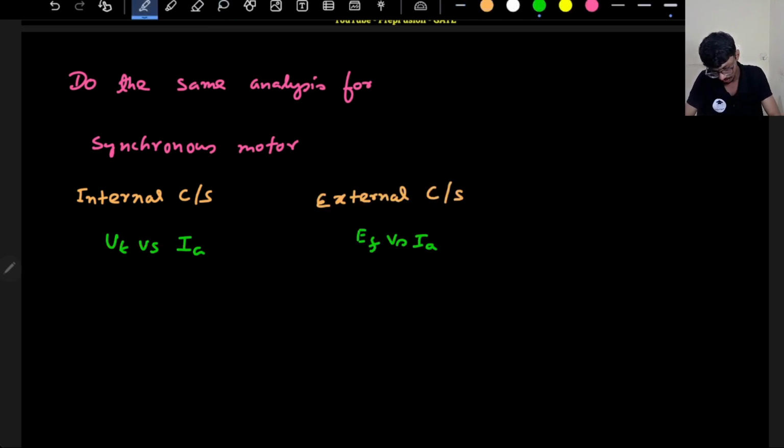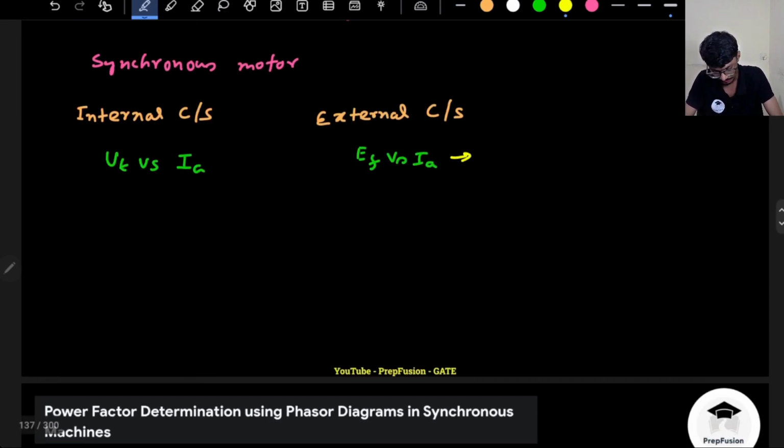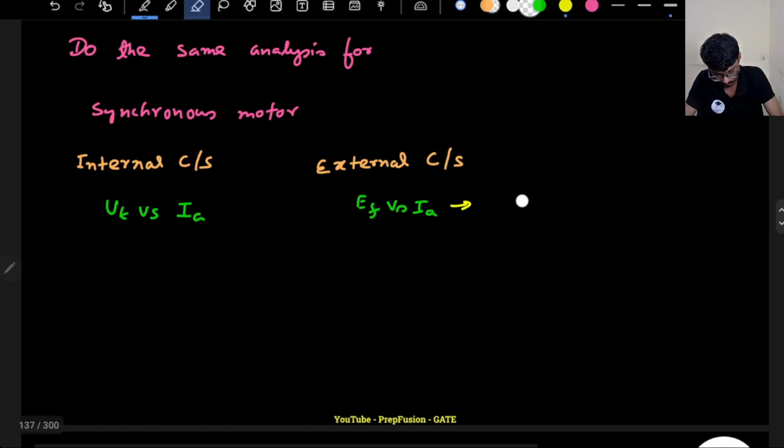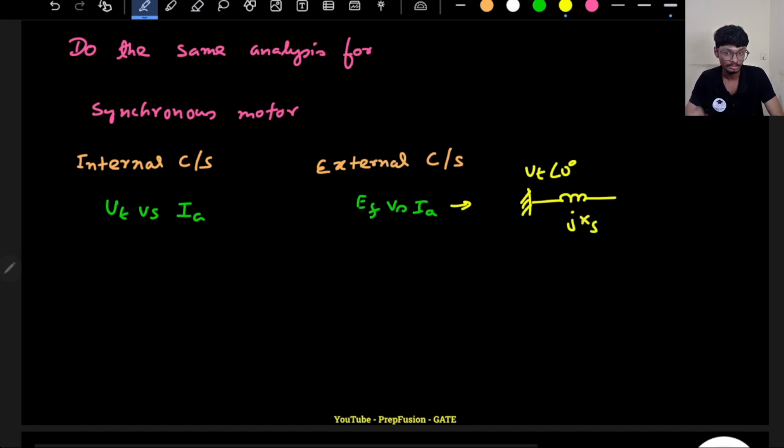I will draw the circuit diagram for you. This time Vt will be leading, and your delta will be negative. Why? Because the machine is receiving power, not delivering.